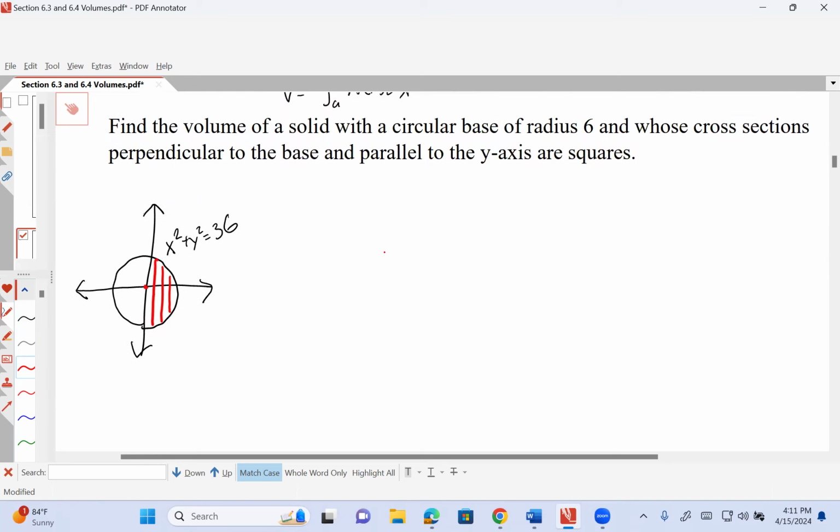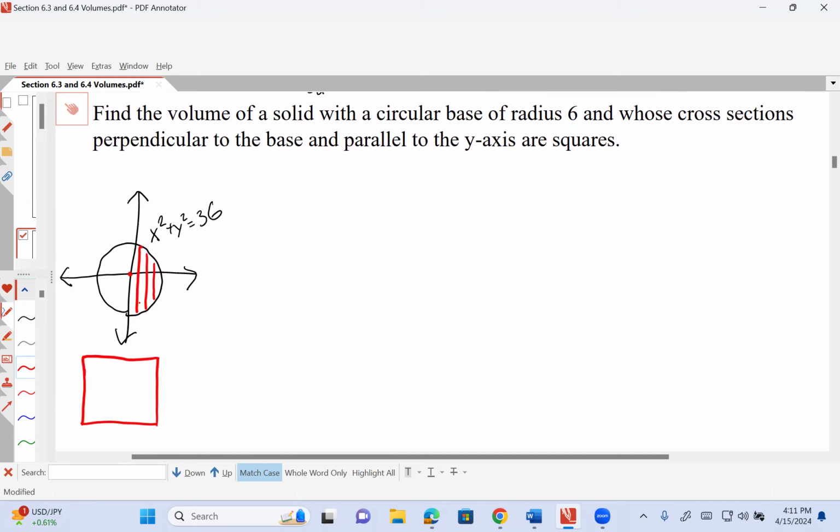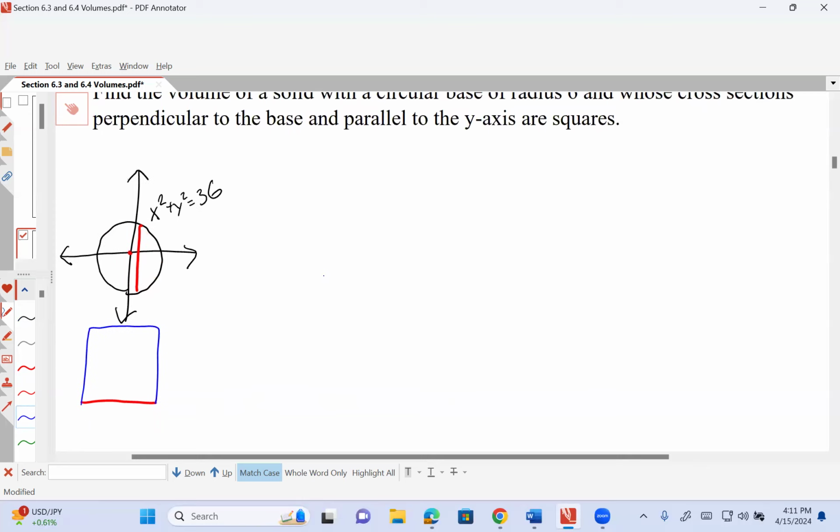And when we slice this circle down, and then we split our object apart, and we're looking at one of the faces, we are looking at a square. So if this circle is the base, that red line is relating to the red line of this square.